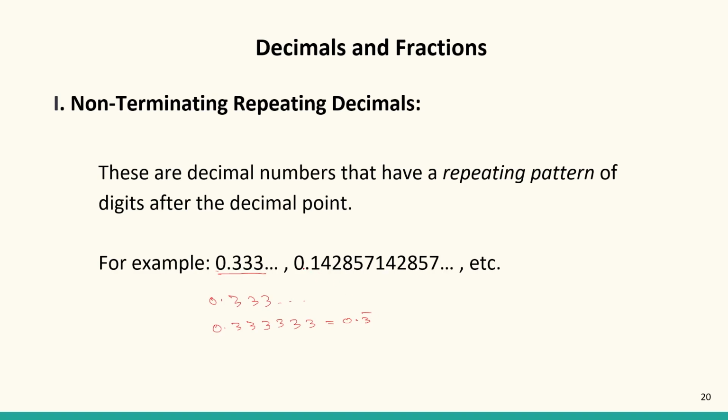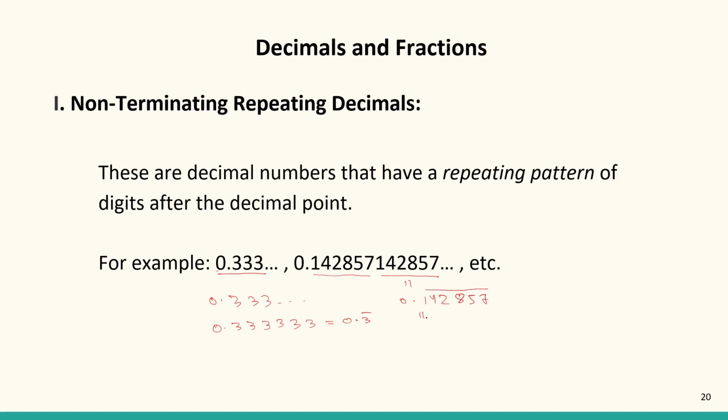Here you can see the second example, 0.142857142857. If you see these digits after the decimal point, 142857, then it is repeating again. These repetitions are going on and on, so we can write this as 0.142857 and put a bar on it.